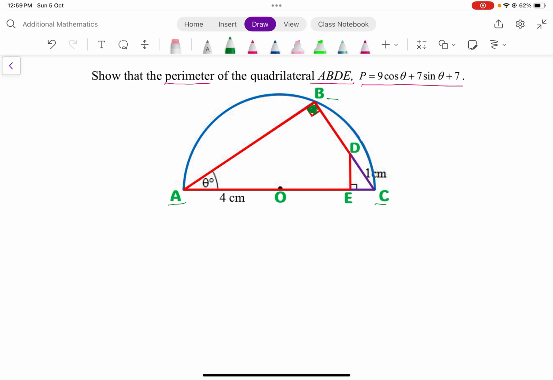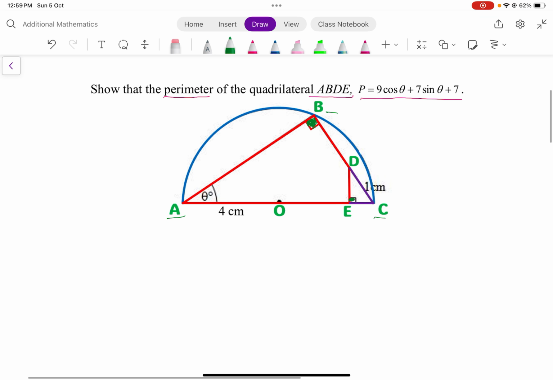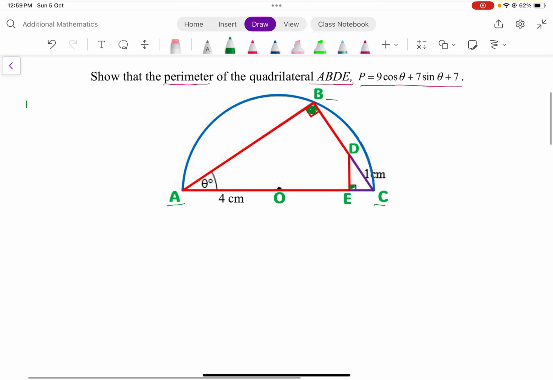What I also observe is that there is another right angle over here, given in the triangle D, E, and C. So based on this observation, I will know that for a right angle triangle, I will be able to apply trigonometry. So that is the first observation.